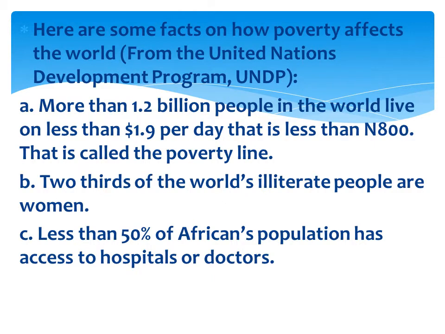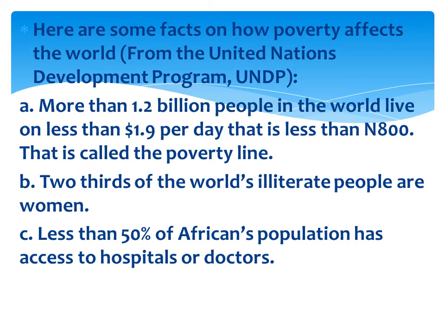Poverty is the number 1 killer of people in the world today. It affects people in different ways. Here are some facts on how poverty affects the world from the United Nations Development Program, UNDP.